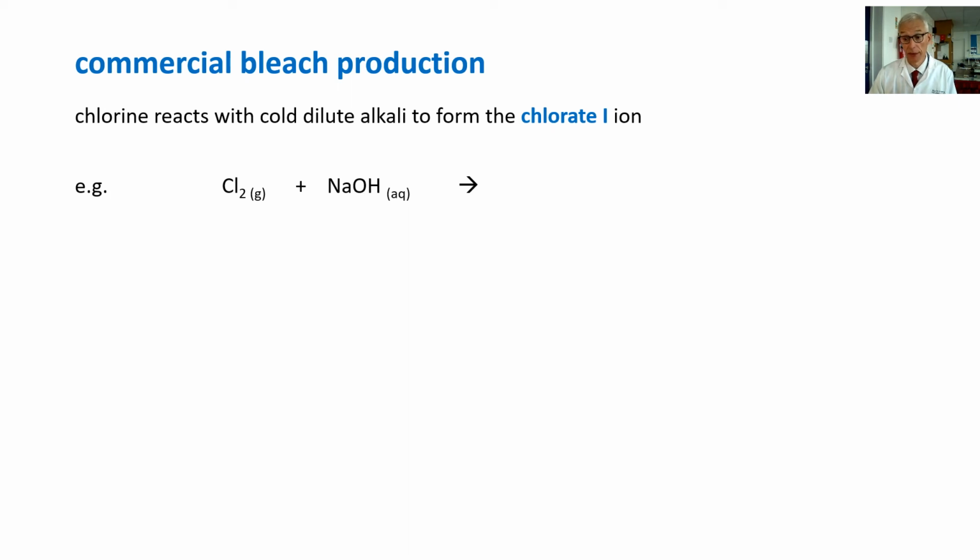So here, if I reveal the correct products, we have sodium chloride, NaCl. So we've got Cl- and ClO-, so we've got the chlorate(I) ion here. Now we need to balance up, so we've got a hydrogen on the left-hand side, so we must have a hydrogen on the right. You'll notice the total charge on the right-hand side is now 0, plus 1 for hydrogen, minus 1 for the chlorate(I).